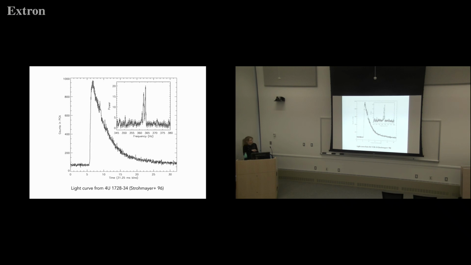Over about a second, the radiation increases by a factor of at least 10, I think much more than that. The radiation strongly increases in magnitude, and then over the course of a few tens of seconds afterwards, we have a gradual cooling.